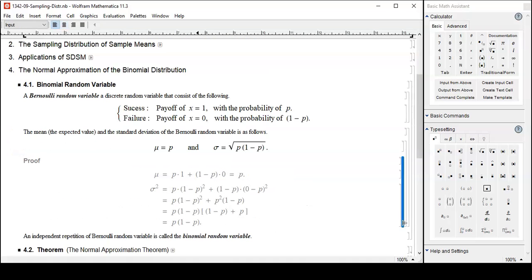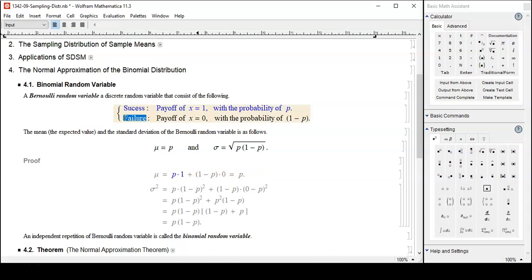Here's the proof, and the expected value is not too difficult. So we have success, and for success, payoff is 1 and probability is p. So we just multiply those two. 1 times p. That's for success.